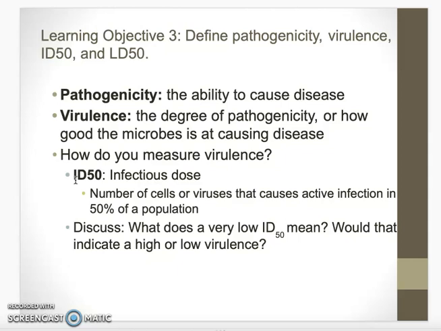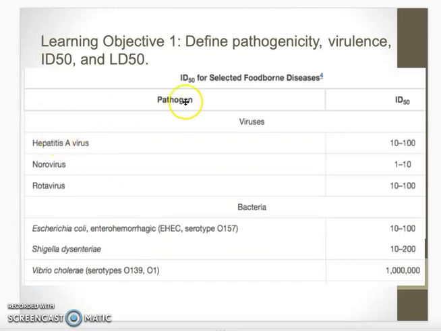If we look at it the other way, a high ID50 means it takes a ton of cells to cause disease, so that pathogen has low virulence. Let's look at some examples. Here we have a table, some different pathogens, viruses, and bacteria, and their ID50.